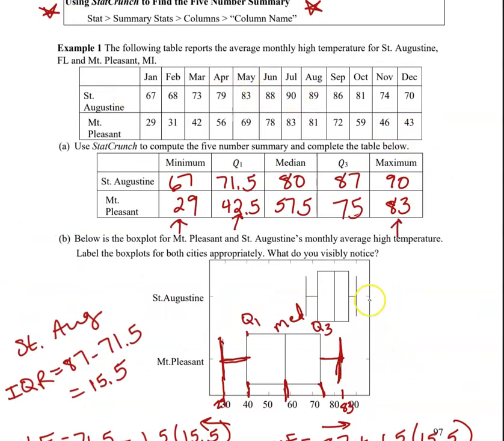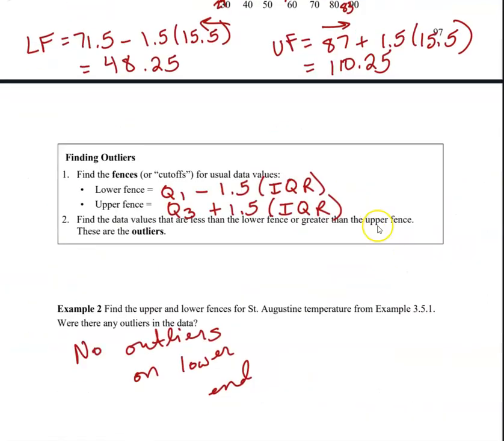And there are not. If there were, it would have been indicated in the graph by a dot past that whisker, so we could tell from the graph there weren't any. But I want you to also see in the data set up here that there are no values bigger than 110.25. So there were no outliers on the lower end or on the upper end.